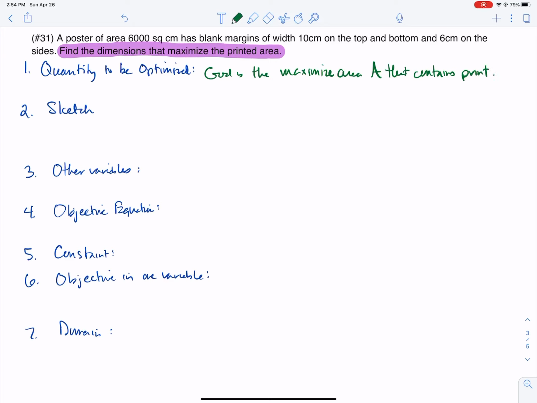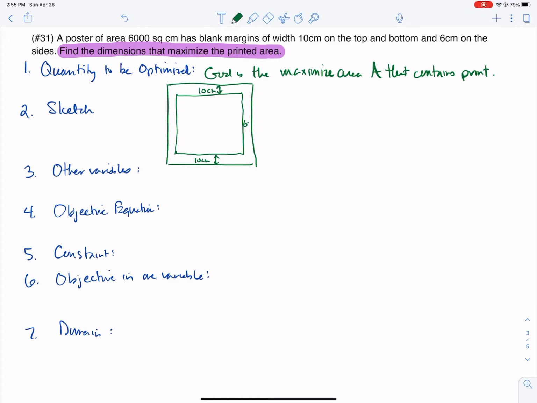And so let's draw a decent sketch of what it is that we're looking for here. I've got a rectangular poster, and I've got these margins all around it. And what I'm told is that this margin is to be 10 centimeters, as is this one.